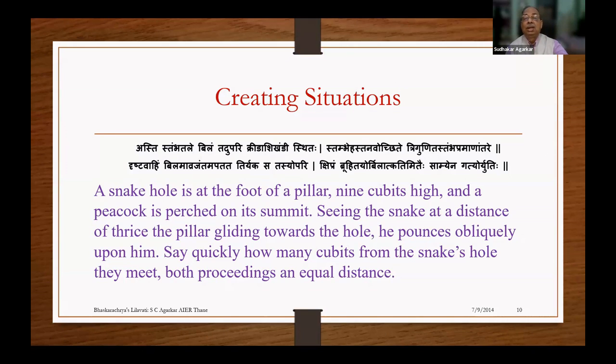So here is a sloka where he has involved a snake and a peacock, a very, very famous example, which will create interest among all the students. I'll describe it when I discuss my experience of conducting workshops.